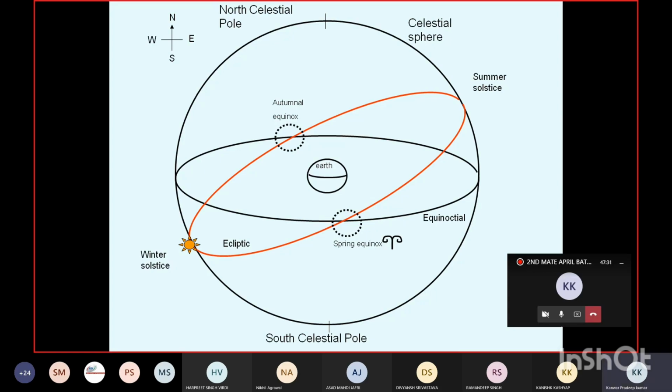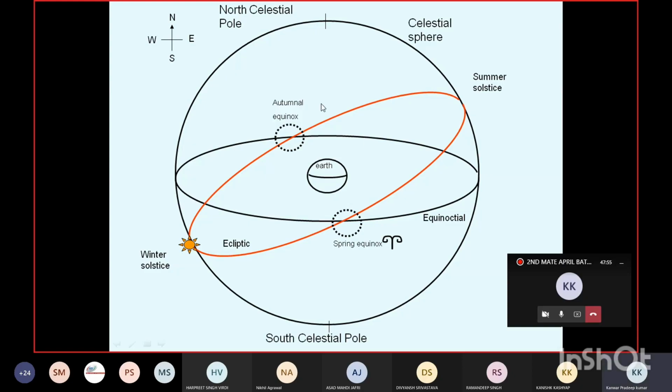The first point of Libra is behind this, I cannot see, but I have just drawn the figure. Now if I go on the other side of the sphere, what will I see in front of me? I will see first point of Libra. Yes or no?